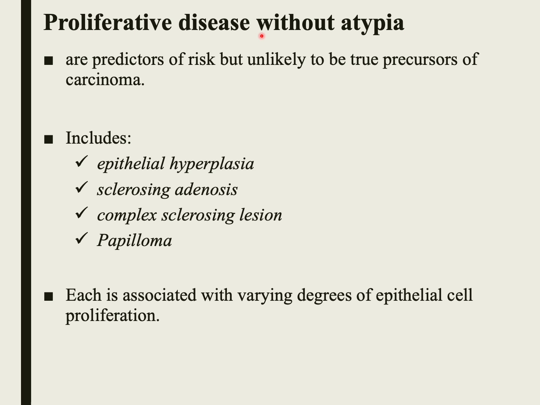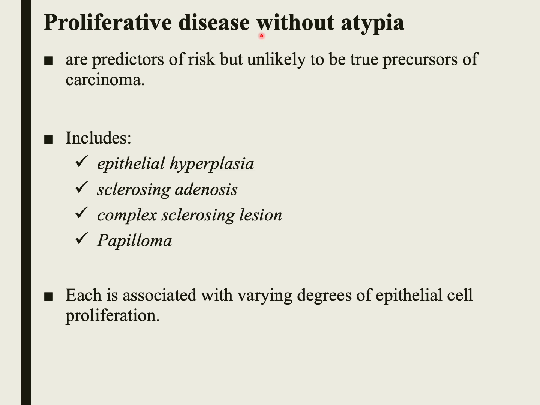As we said before, those lesions are polyclonal, so they are not monoclonal, and they are not associated with genetic changes. So those lesions are considered as predictors of risk, but unlikely to be a true precursor for carcinoma, and the presence of these lesions increases the risk for breast cancer by 1.5 to 2-fold.